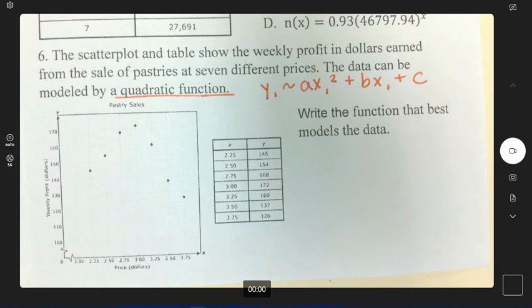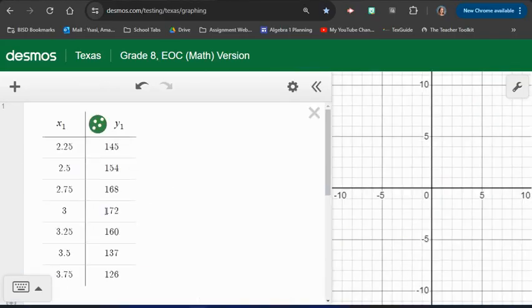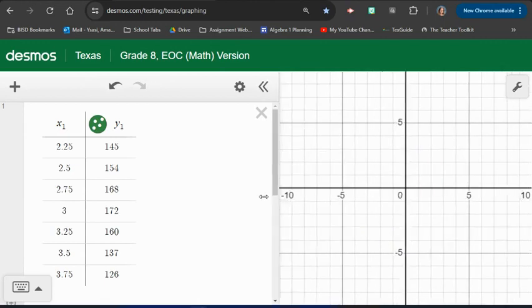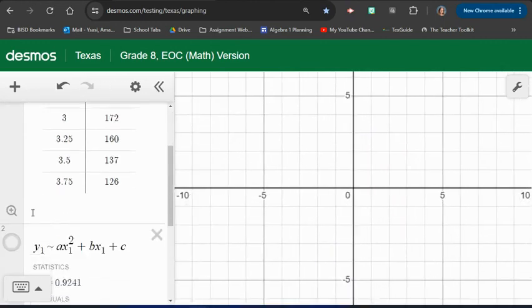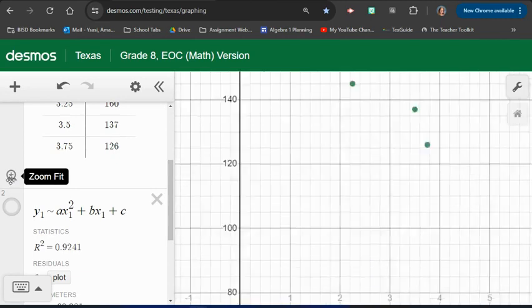Let me find Desmos. Okay, I'm going to show you my Desmos. Okay, once you enter the table, hit this zoom fit button.